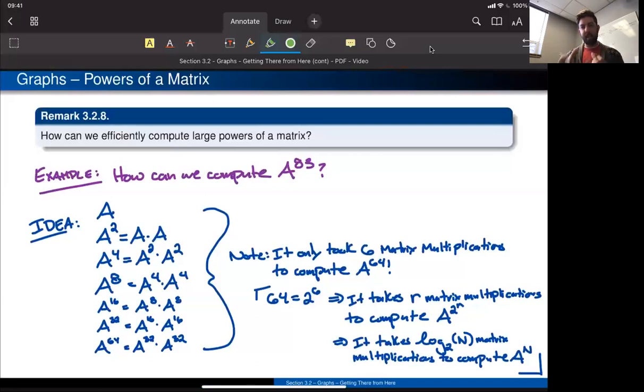So you can see there's a nice recursive structure: you're always computing the next power of 2 by multiplying together the last 2 terms. Very quickly, I can generate A to the 64th power. In total, I had to do 1, 2, 3, 4, 5, 6 matrix multiplications.